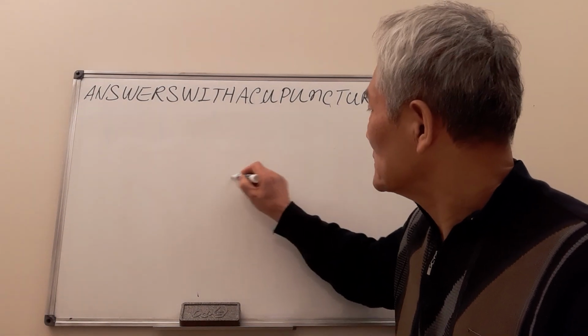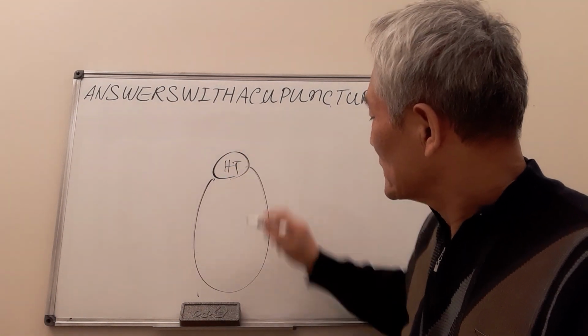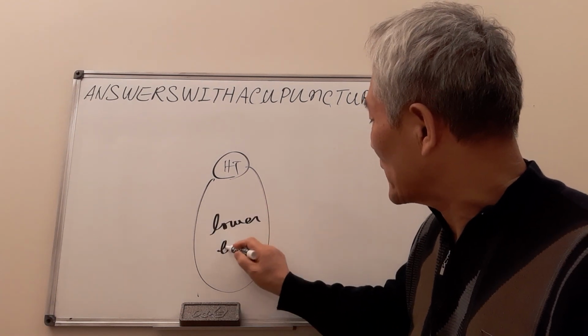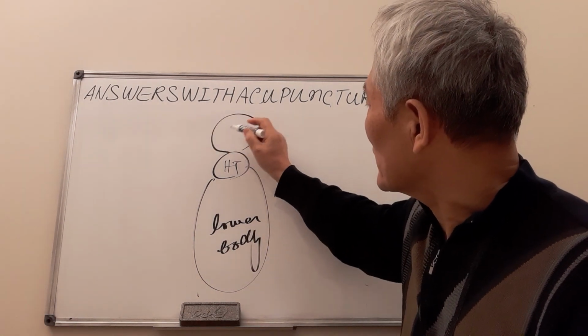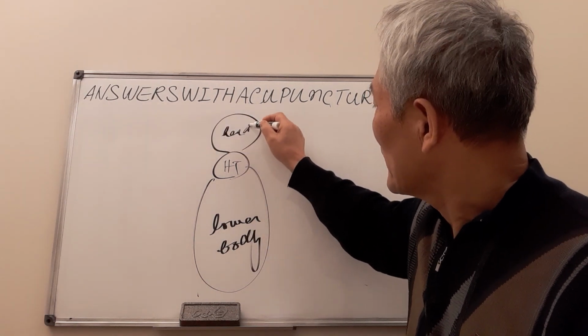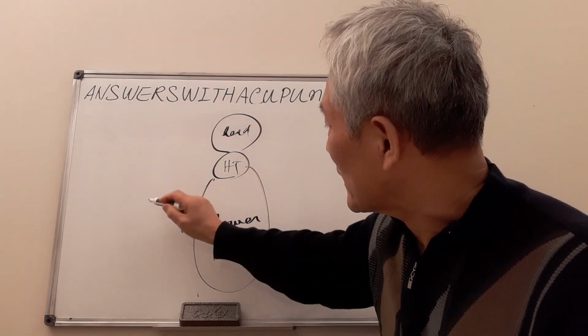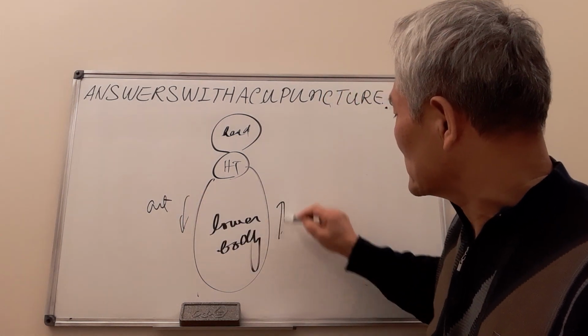Here is a heart. And this is the lower body, and this is the upper body, let's say this is the head. Now this one is artery, and this one is vein.